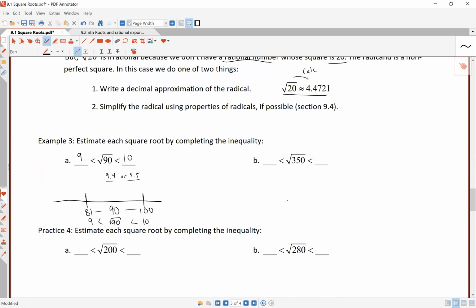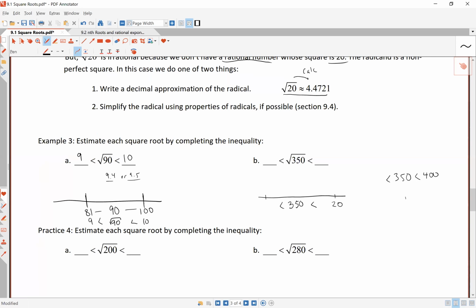If we do the square root of 350, this one's a little bit harder because we need to get this between two perfect squares. So we have 350 is definitely smaller than 400, which is 20 squared.